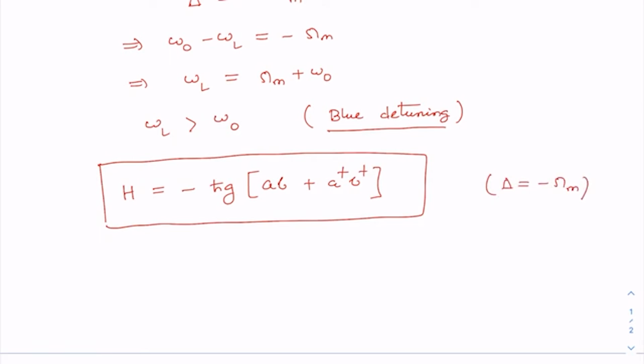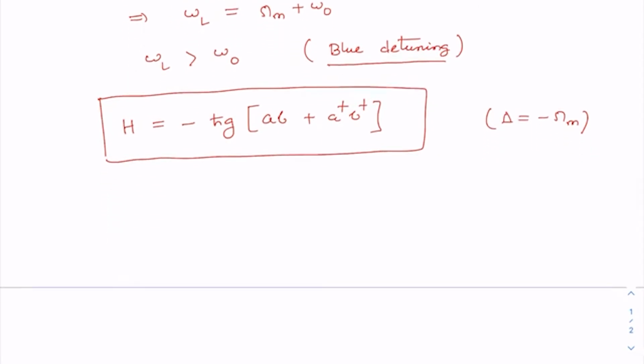We are now going to analyze this Hamiltonian, and to do that, let us first write down the Heisenberg equation of motion for the modes a and b, which is easy to do. We have done it several times in the course.